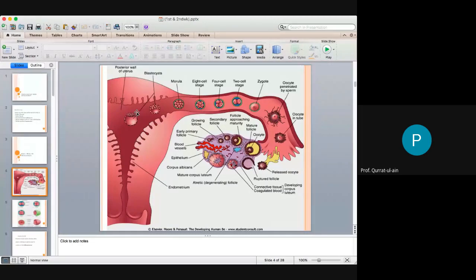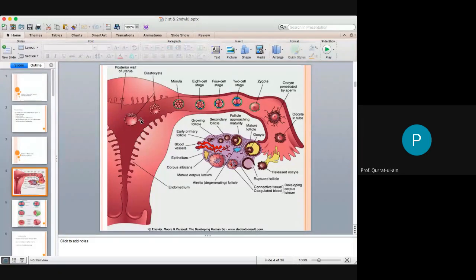So this is the blastocyst with the blastocyst cavity. This is now the 4th day of the embryo. On the 4th day, it is in the uterine cavity, and the embryo is known as blastula. This was morula, and this is blastula.